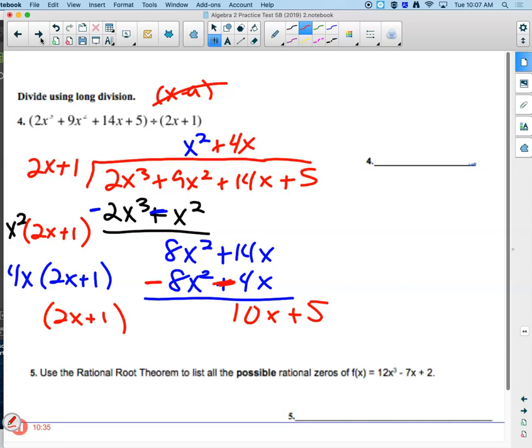So what do we need this time? A 5. 5 times 2x is 10x. So 10x plus 5. Change the signs. Add, and we're pleasantly surprised here. Not only did that 5 work to get rid of the 10x, but it also worked to get rid of the 5. So we don't have a remainder.